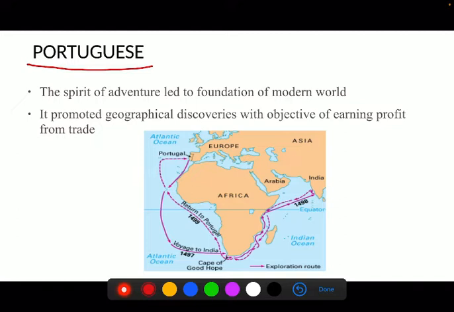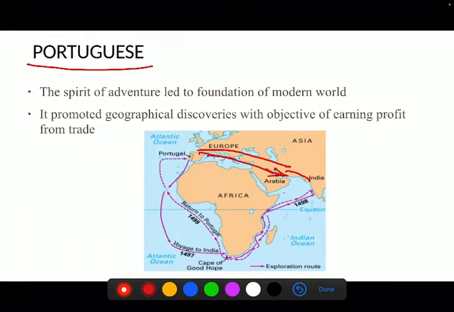Actually, the trade between India and Europe had been taking place from ancient times, and it took place by this route, the land route, where you can see sea, then land, sea, and then land. This was the old, traditional route.